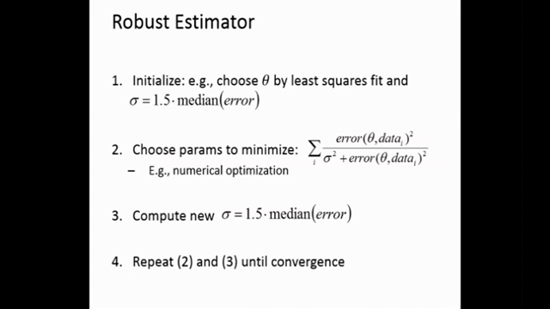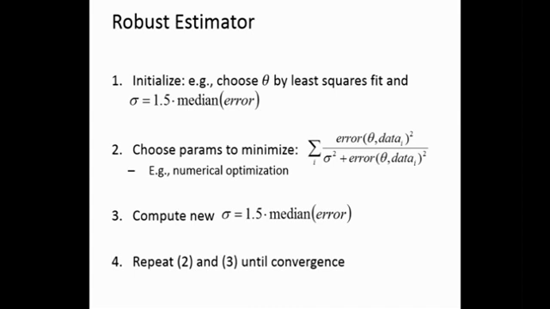This is how we can estimate this. The solution is an iterative solution where you try to estimate your sigma, which is your error tolerance, that models how much noise is in the system. You choose a sigma, and then you minimize your error according to that robust error function. Then you choose a new sigma, and keep repeating until you converge. So the algorithm is that you choose some theta by least squares fit, just a least squares fit to all your data.